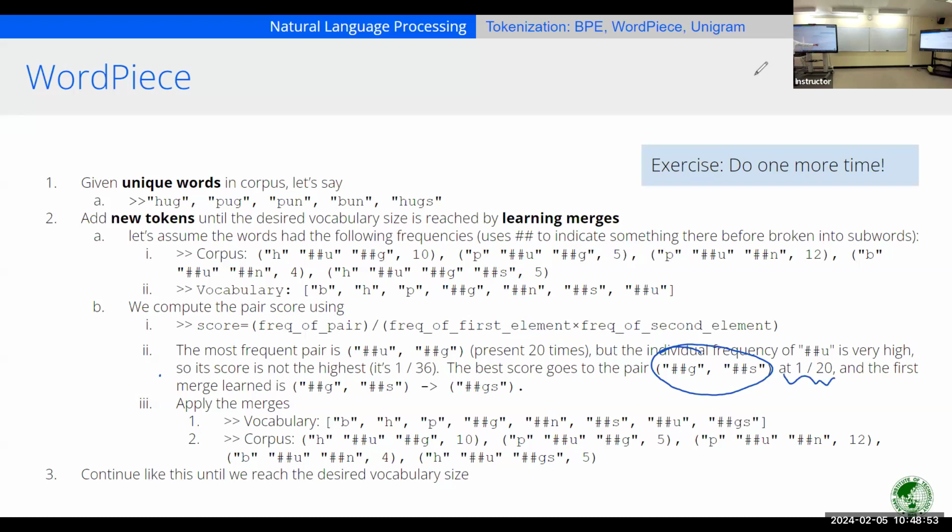Can you pause a little bit and find why GS is 1 over 20? Yeah, it's 1 over 20. Good, good. Okay, you take your time.